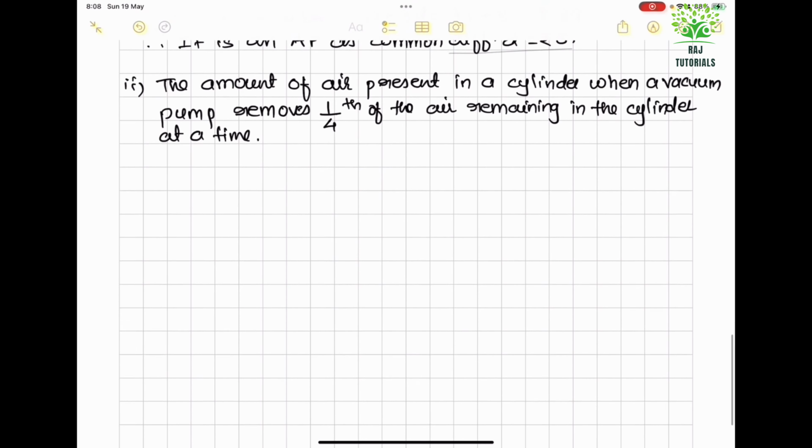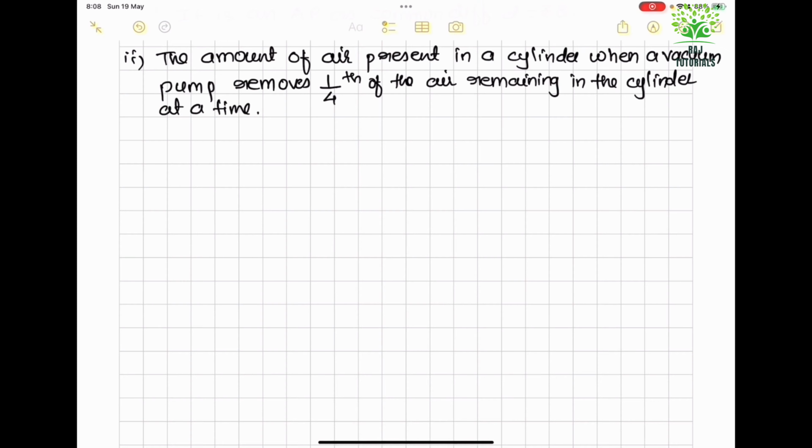That means the first term will be my first term. It is not given, so I can take it will be full.